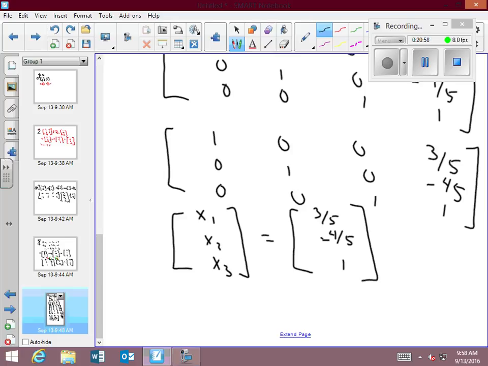I've written my solution as a vector. It's the vector for x1, x2, x3. So, any questions on that?